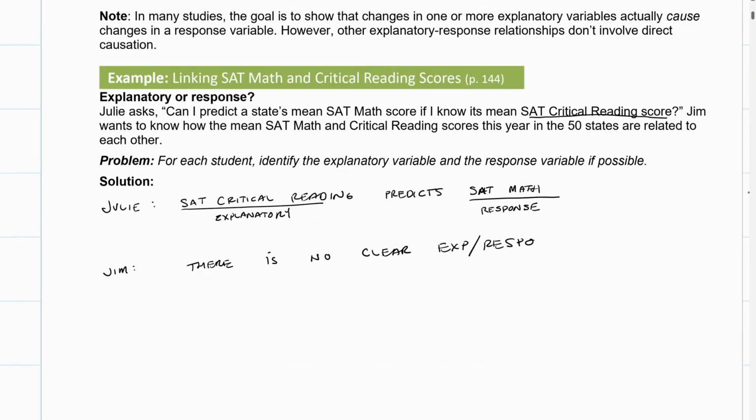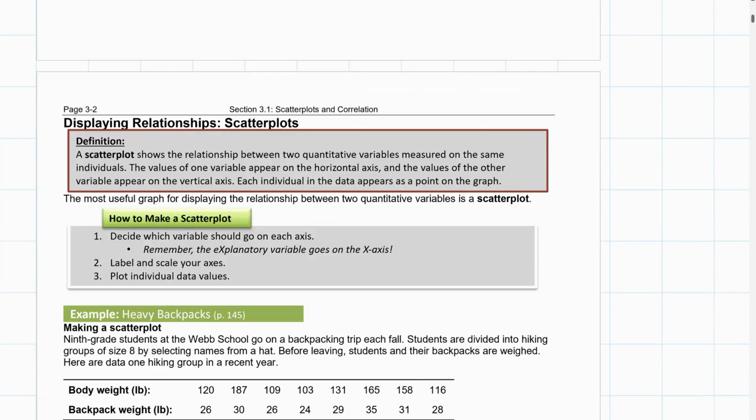One doesn't clearly follow the other. It's not like exercise precedes weight gain or loss, or studying precedes doing well on a test. So not every pair of quantitative variables has an explanatory response relationship. Let's go on to the next page.